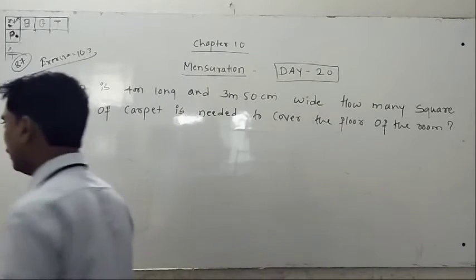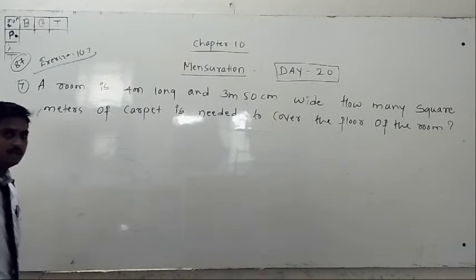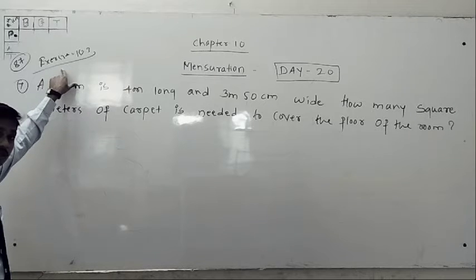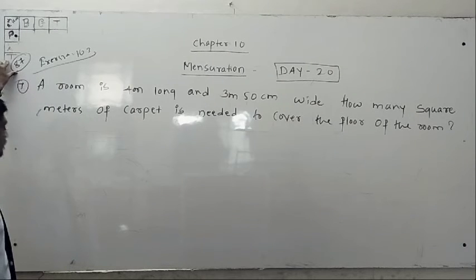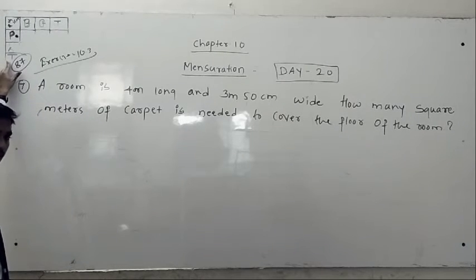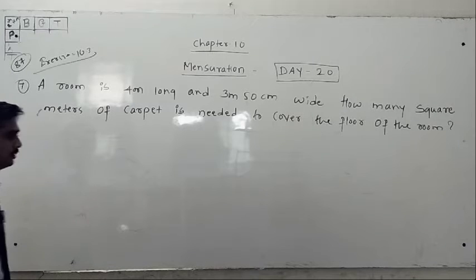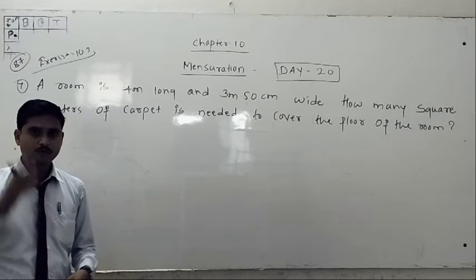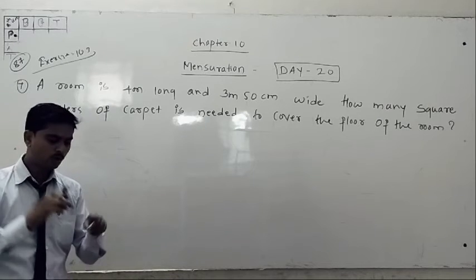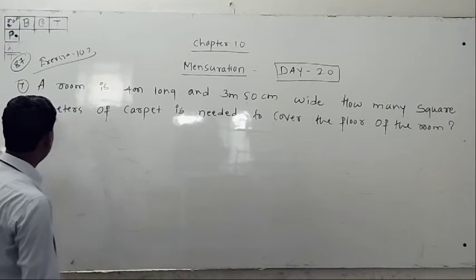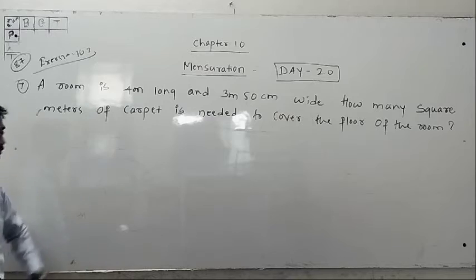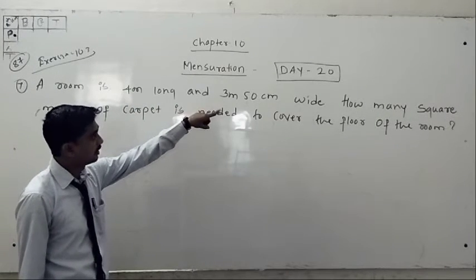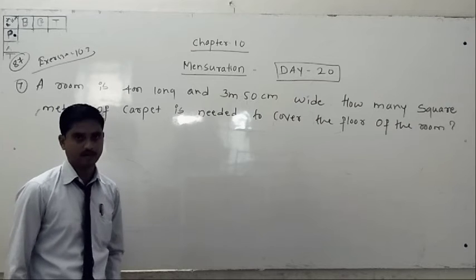Okay, listen to that problem. What is given there? This is your exercise 10.3 problem, page number 87. All of you open there, and the 7th problem I am going to discuss now. All of you open your textbook and also your fair book. Now a room is 4 meter long and 3 meter 50 centimeter wide.